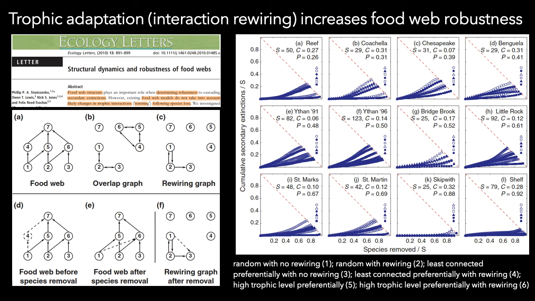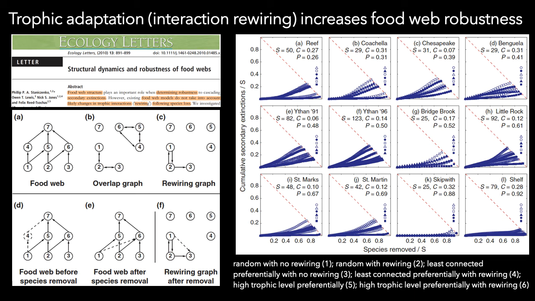In panel C, the authors introduce the so-called rewiring graph. This rewiring graph is obtained from the overlap graph and constrains directed links. A link indicates that, in addition to the shared predators, species 2 has at least one predator that does not prey on species 3.